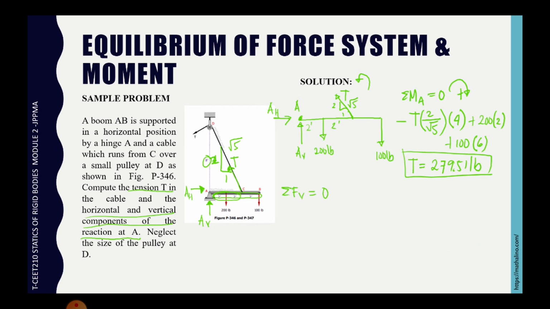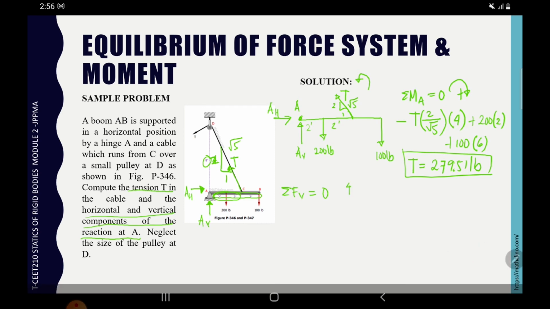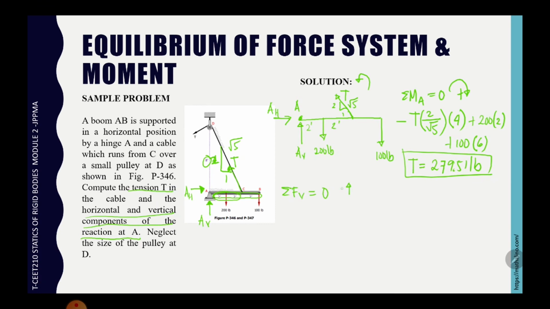So, sa V is positive yung going up. Magiging si AV minus 200 minus 100 and plus T times 2 over square root of 5 equal to 0.